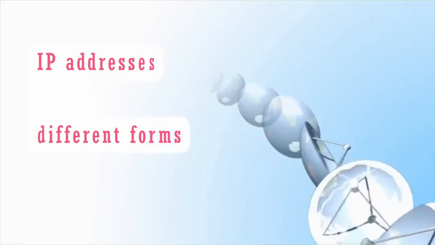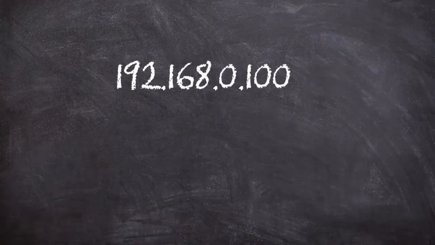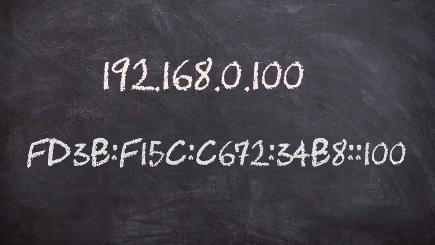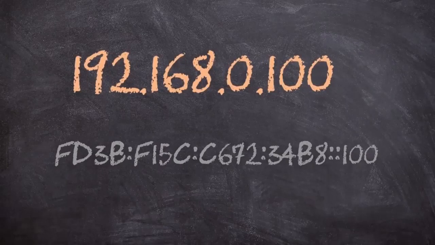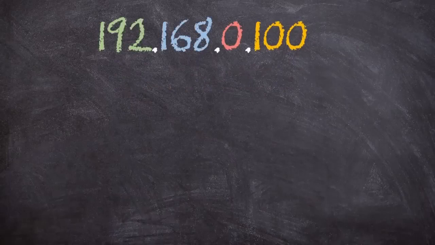IP addresses come in two different forms. These are called IPv4 and IPv6, and they look quite different. IPv6 is newer, but IPv4 is still more common. So we're going to focus our attention entirely on IPv4 for now. Firstly, this is what an IP address looks like. It's 4 numbers separated by dots.